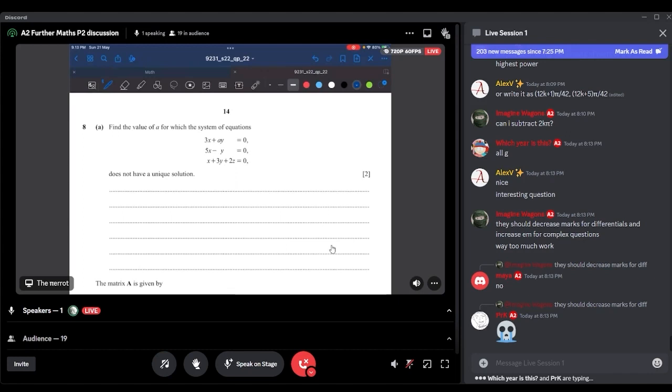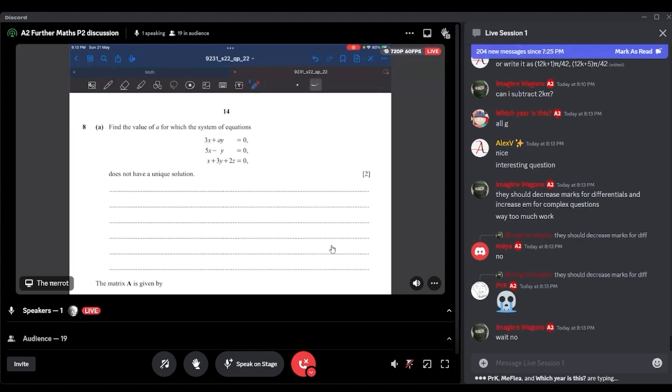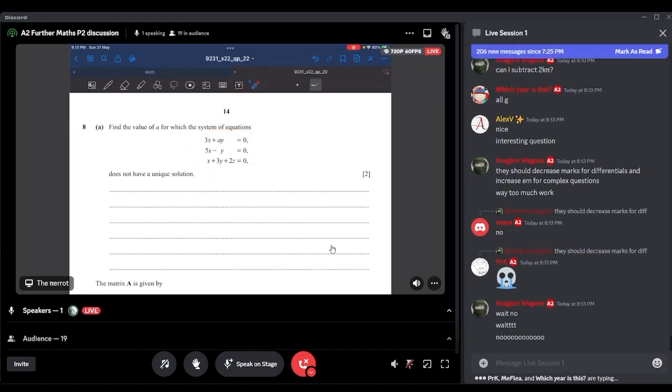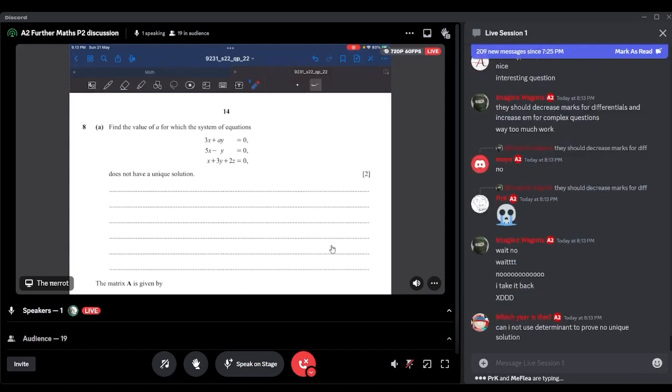Okay, so for this one, notice that this system of equations will always have a solution, no matter what your a is, because it's all 0, 0, 0 here. It's homogeneous. So if you just let all x, y, z be 0, then that's a solution already.